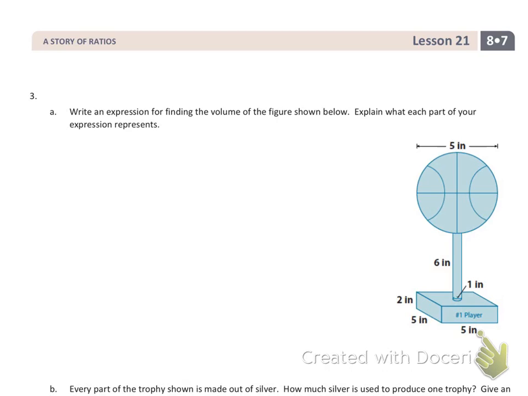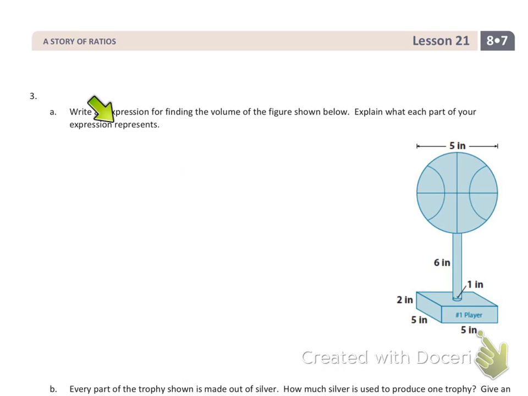Okay, our next example, exercise 3, is also very straightforward. So I'm just going to point you to the solutions, and then you can check the answer key for more detail if you need to. So this figure is pretty simply made up of a sphere sitting on a cylinder, which sits on a rectangular prism base.